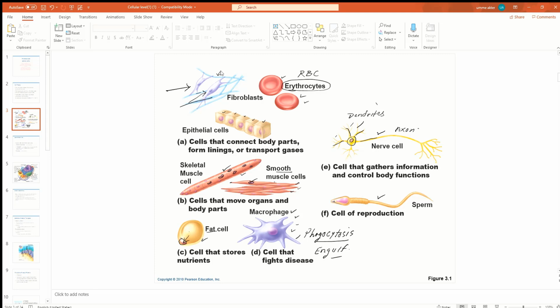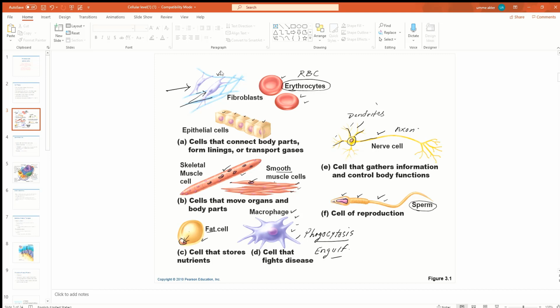The last one here, this is a sperm. Sperm is a male sex cell, and sperm has a head, midpiece, and a tail, and it can swim, and nucleus is located inside the head. So you see it looks like a tiny fish, right?